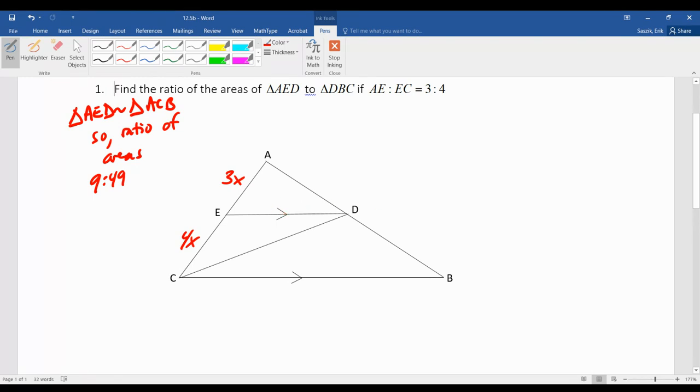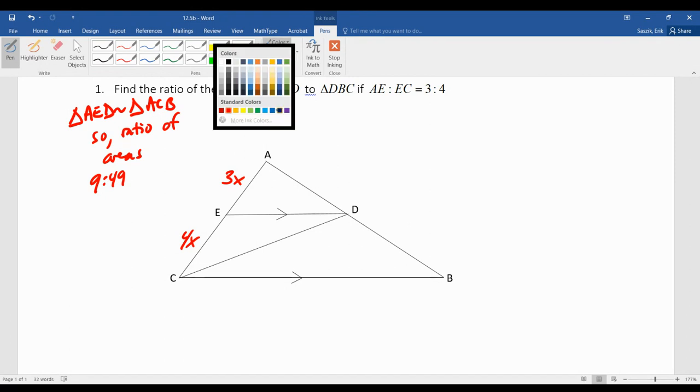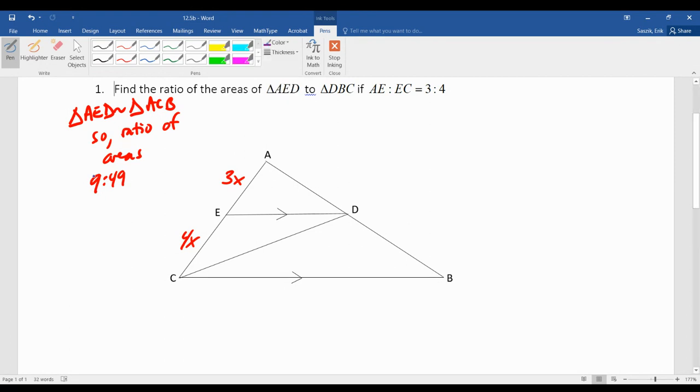Now remember, let's go back to what we did earlier. We know that this top one, we can call 9, to the whole thing of 49. That's why I'm writing 9y in there, because the ratio of this top thing to the whole is 9 to 49.